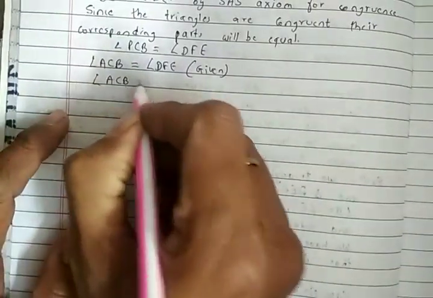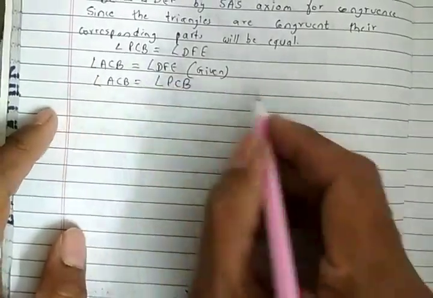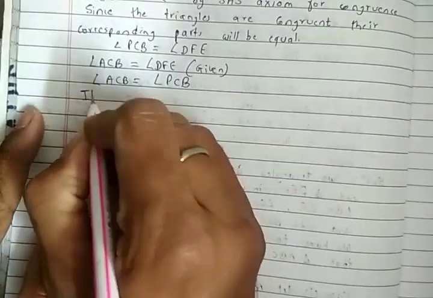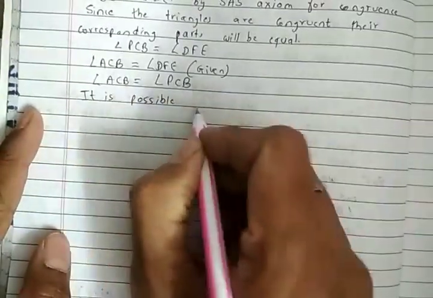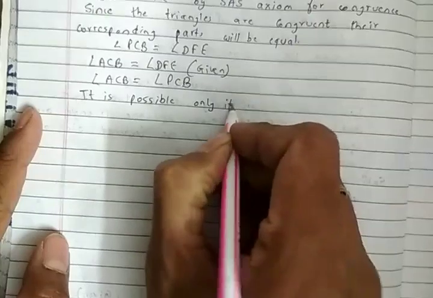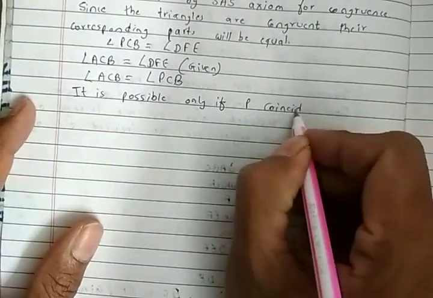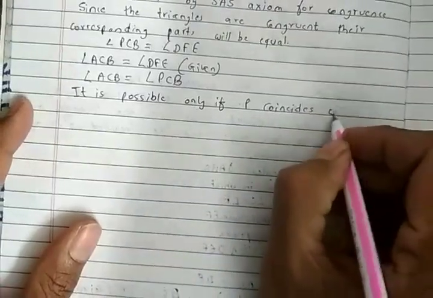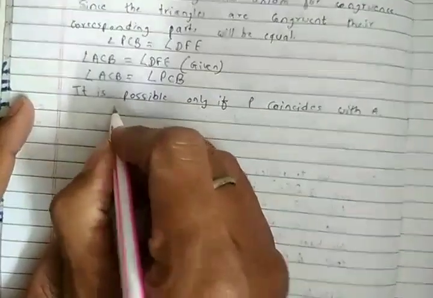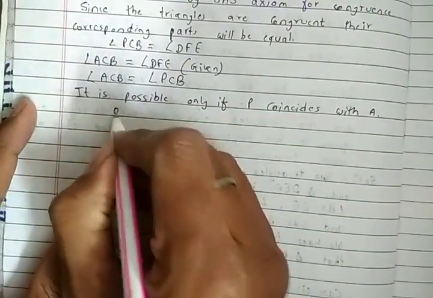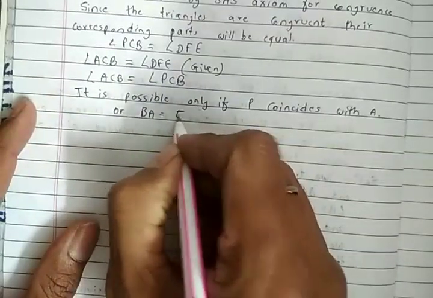Angle ACB equal to angle PCB is possible only if P coincides with A, or BA equals ED.